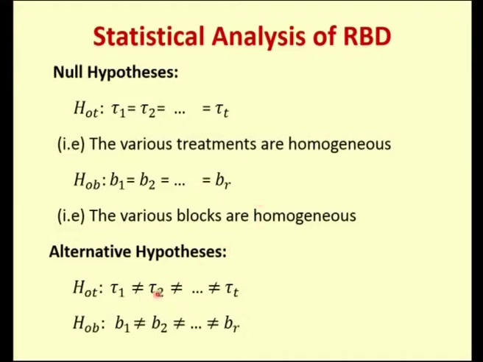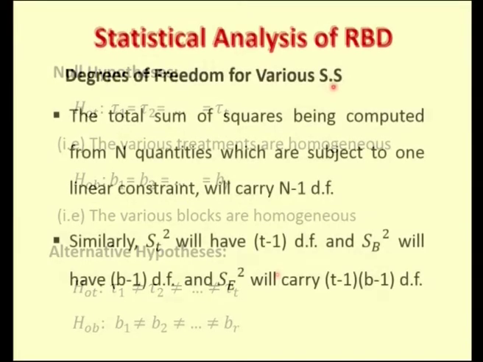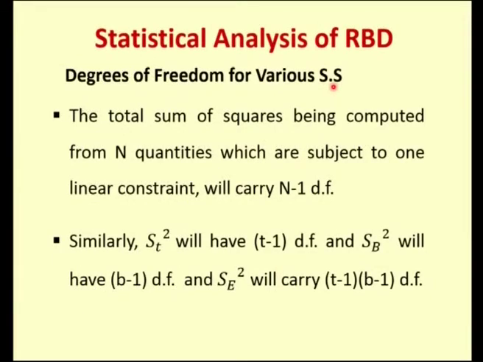And against the alternative hypothesis that tau_1 is not equal to tau_2 is not equal to and so on tau_t, and also beta_1 is not equal to beta_2 is not equal to and so on up to beta_r.